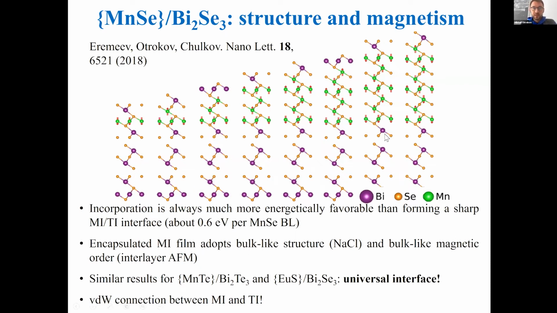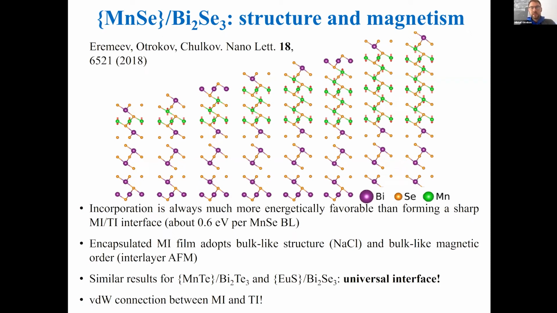But you can do such a thing by incorporation, and then the layers acquire bulk-like structure and bulk-like magnetic ordering. This is a hint that they are actually some special kind of interface, which we call soft interfaces, because they borrow many of the nice properties from the magnetic extension. This is why I write it in curly brackets.